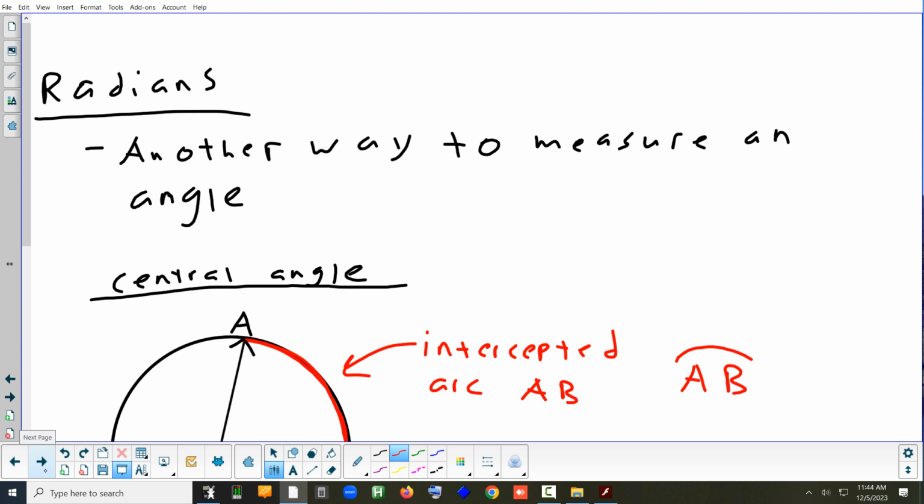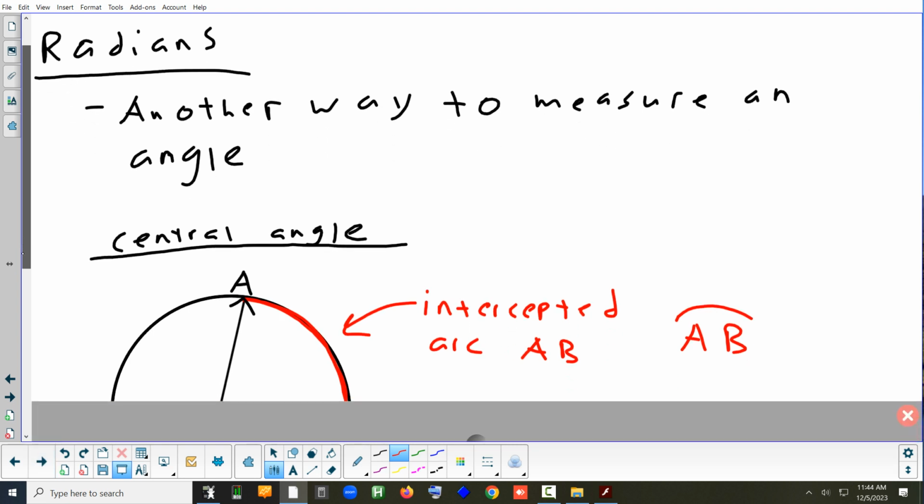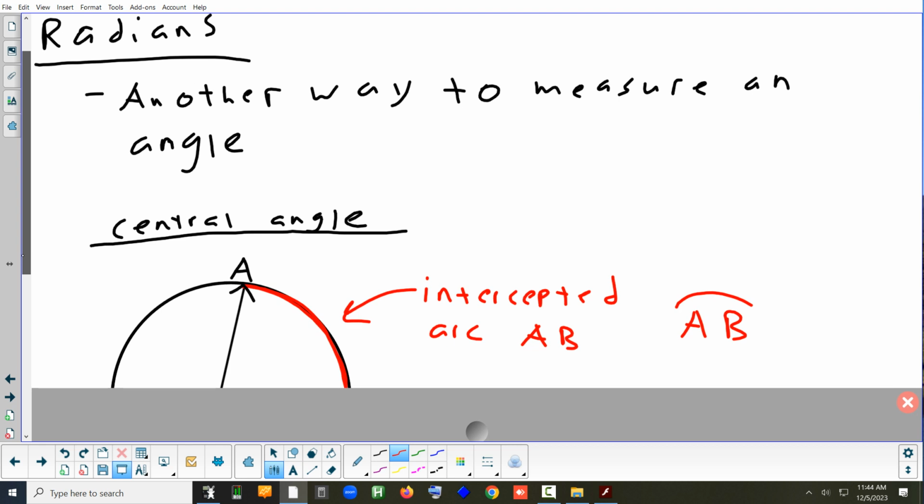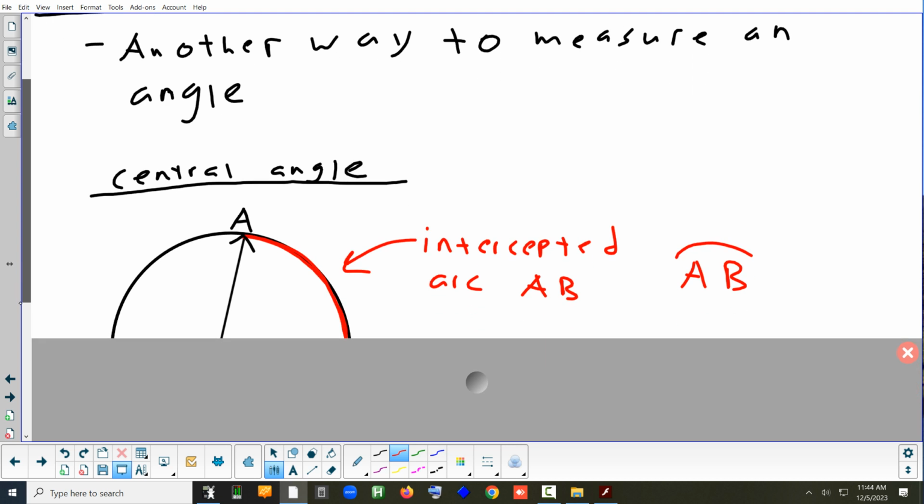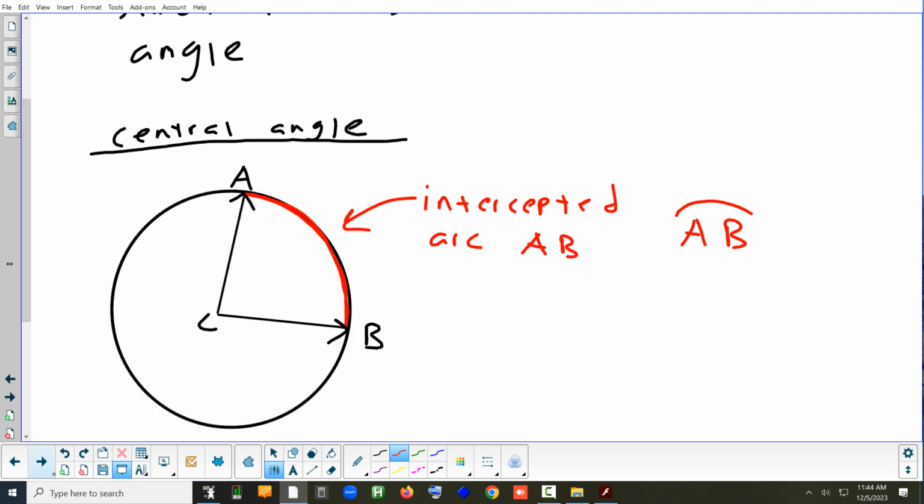So I'm going to try to explain to you what a radian looks like, and then I'll explain the formula to change between radians and degrees. What I've drawn in this diagram is called a central angle. It's a circle with an angle inside it, and the vertex of the angle is at the center. Two rays come out from the center and hit the edge of the circle at this point and that point.